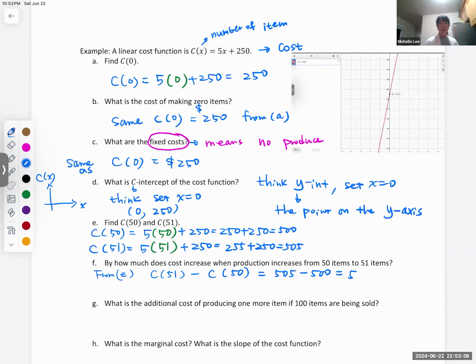Okay, next one. What is the additional cost of producing one more item if 100 items are being sold, right? So we want to know what's the C of 101, right?